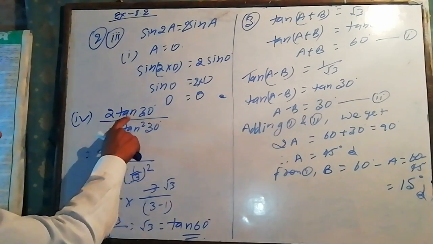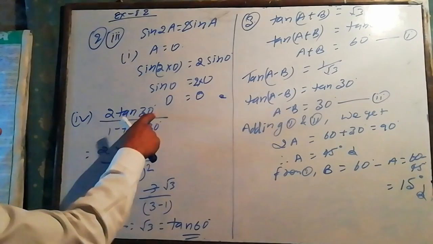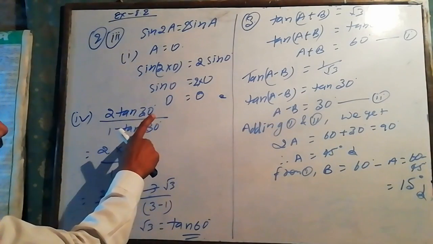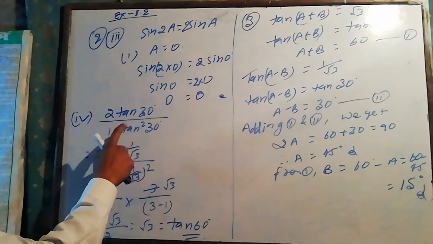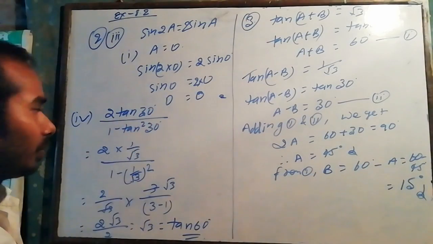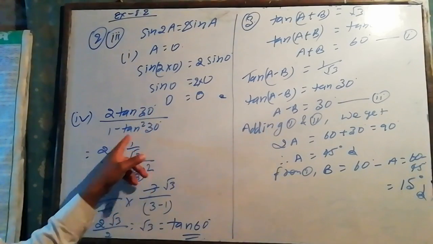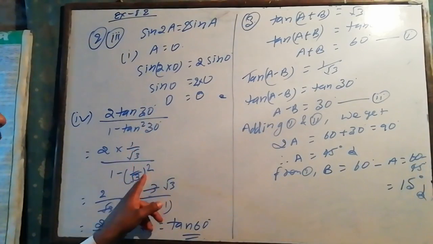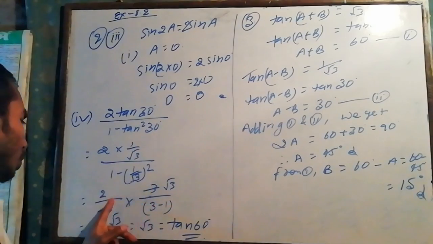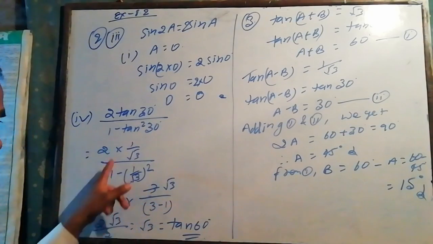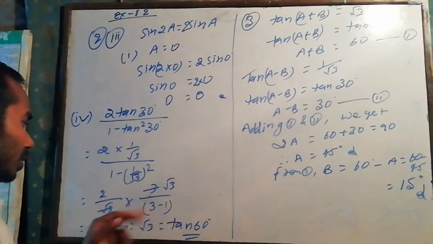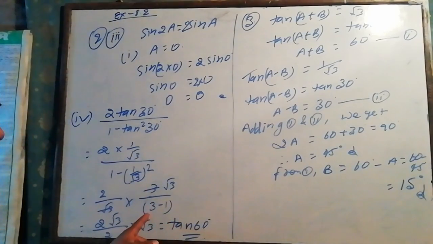It is given that 2 tan θ by 1 minus tan square θ, with θ equal to 30 degree: 2 tan 30 by 1 minus tan square 30 degree. So tan 30 equals 1 by root 3. 2 into 1 by root 3, over 1 minus (1 by root 3) whole square. On taking LCM we get 3 upon 3 minus 1, so 2 into root 3 by 2.